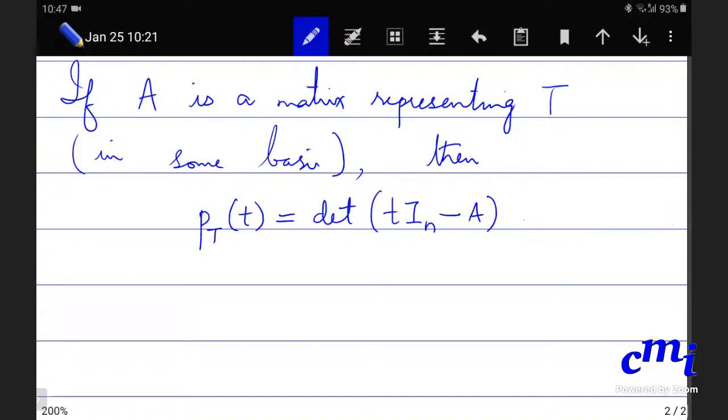We have two matrices, t times identity, and another matrix A. Take the difference, compute the determinant. We can expand along one of the rows and then compute this thing.